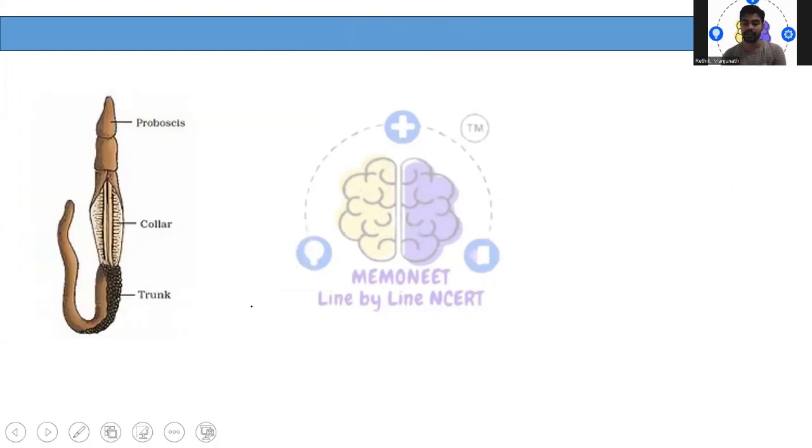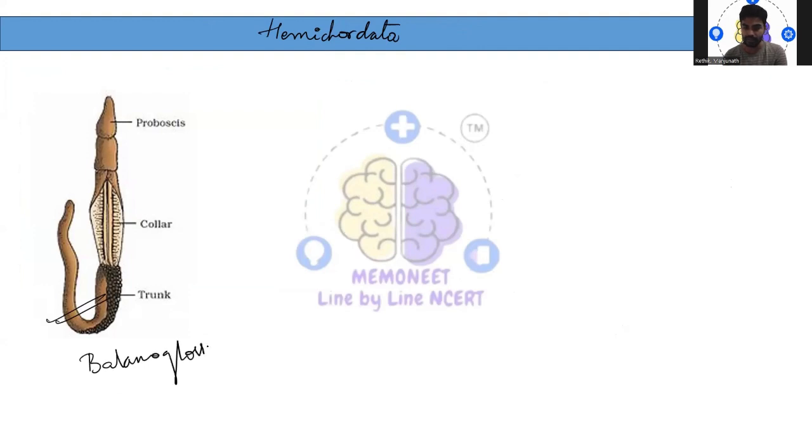The next one that we have is the phylum Hemichordata. The example is Balanoglossus.